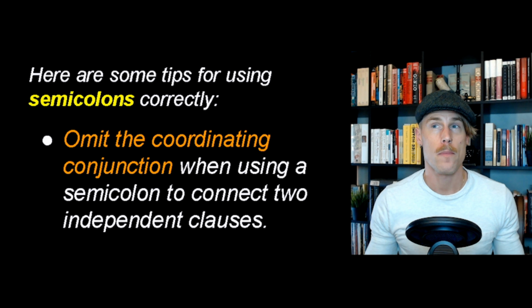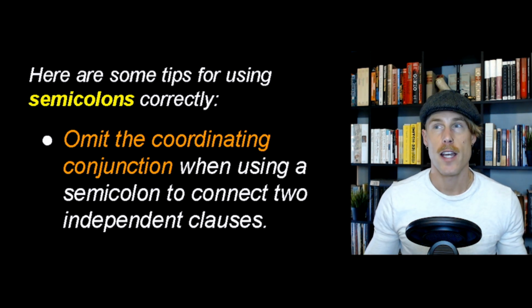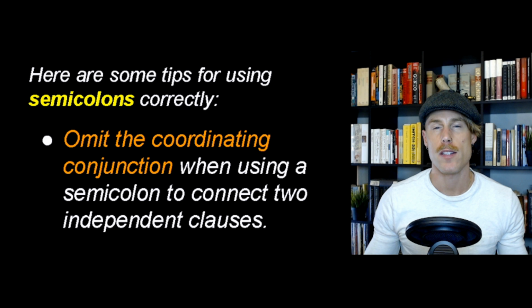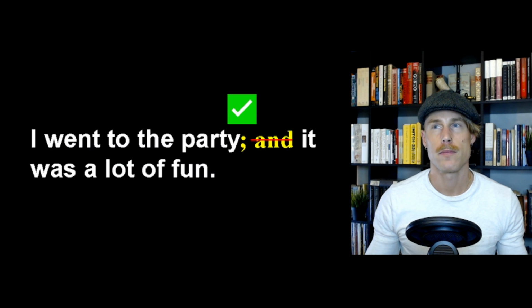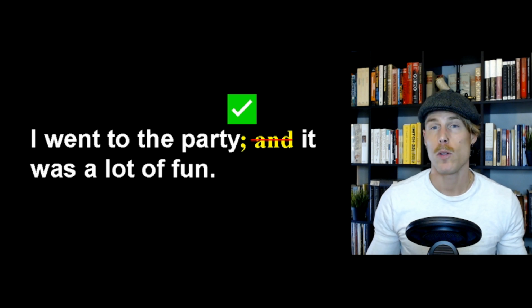Tip 2. Omit the coordinating conjunction when using a semicolon to connect two independent clauses. So, delete the conjunction. I went to the party; it was a lot of fun.